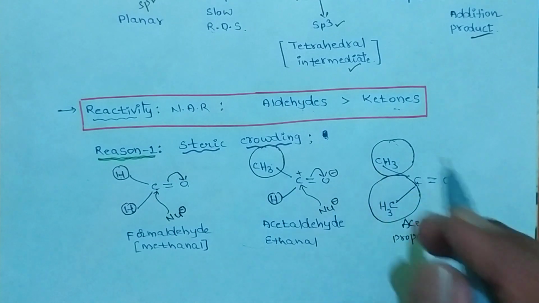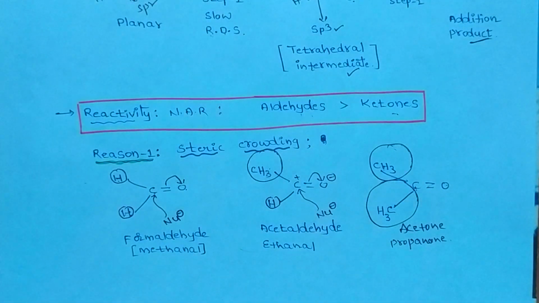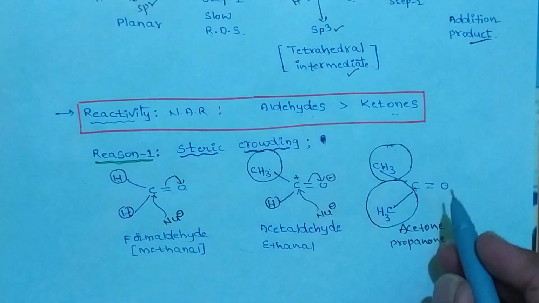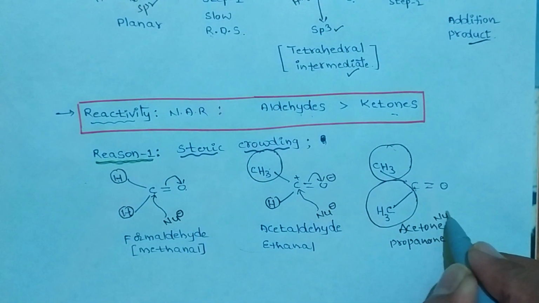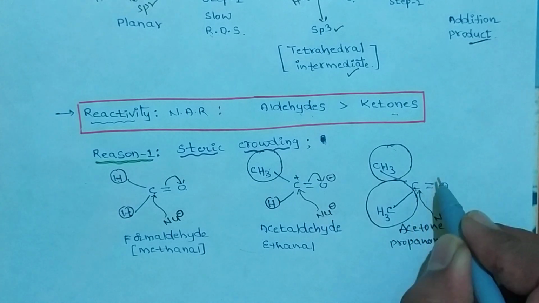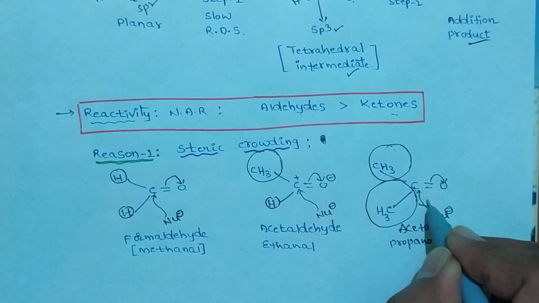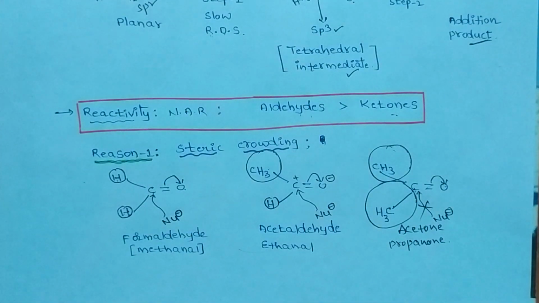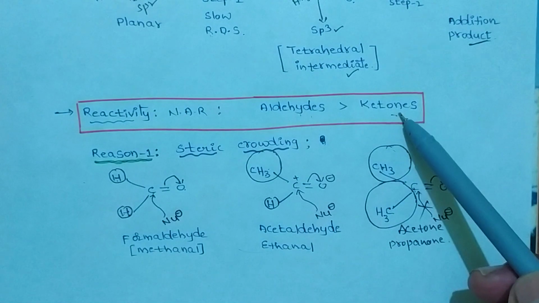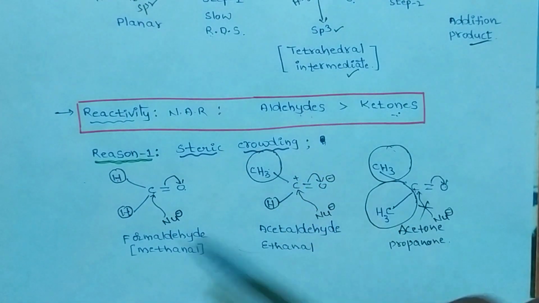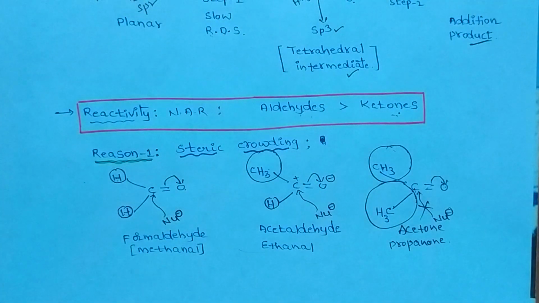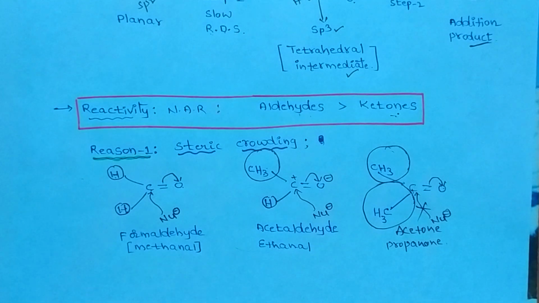When steric crowding is more, attacking of the nucleophile over this carbonyl carbon is very difficult. So the nucleophilic addition reaction takes place very slowly. That's why ketones are less reactive than aldehydes towards nucleophilic addition reaction because of steric crowding. This is one of the reasons.